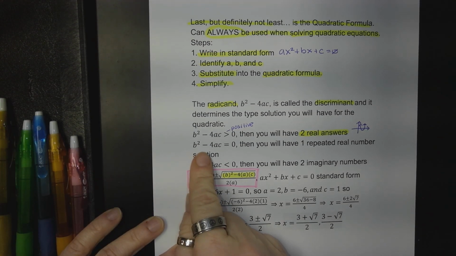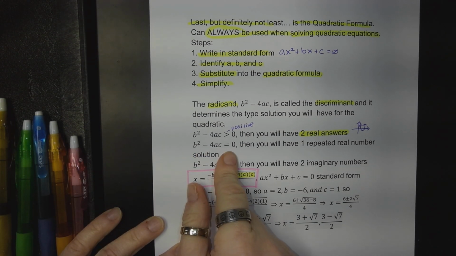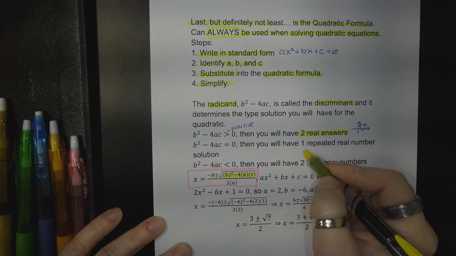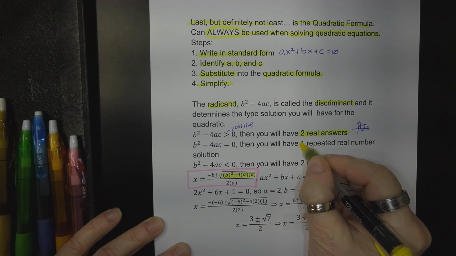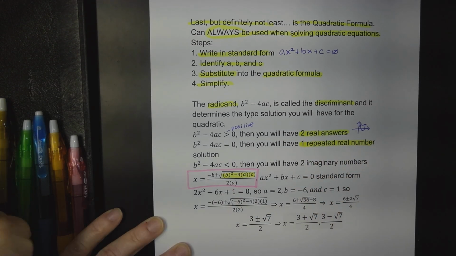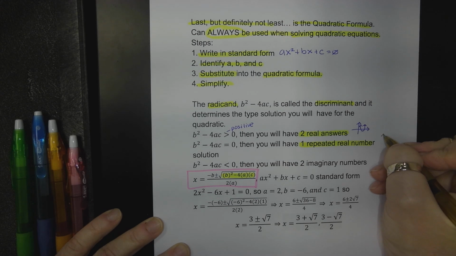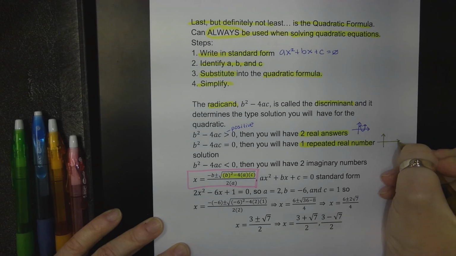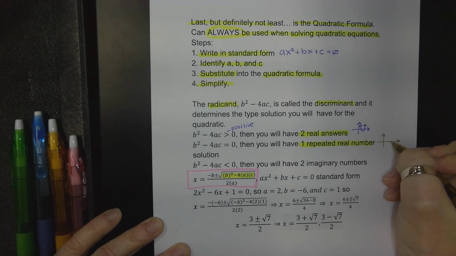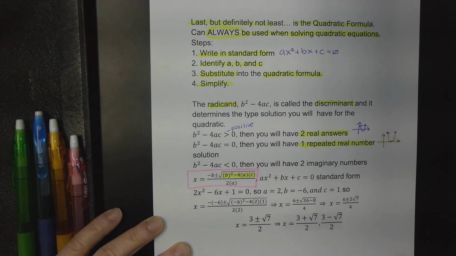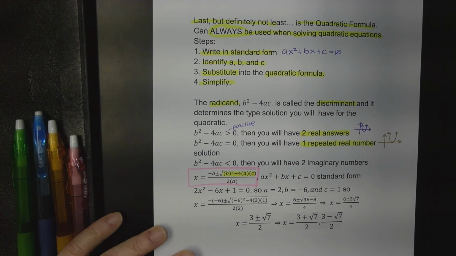Then when our b squared minus 4ac is equal to 0, then we'll have one repeating real number solution. And when we graph it, we have one point here that touches the x-axis, and then it's going to go from here. That's what it would look like graphed.